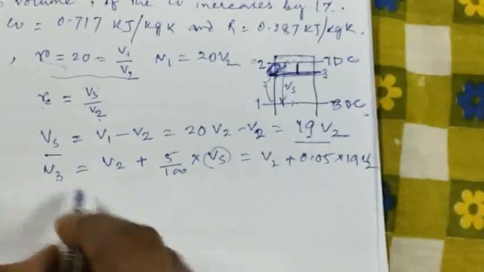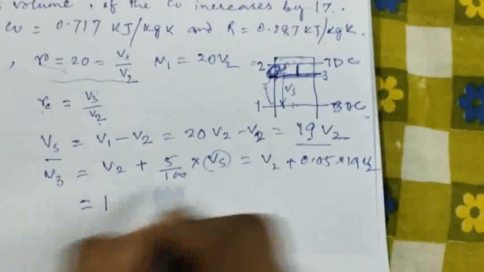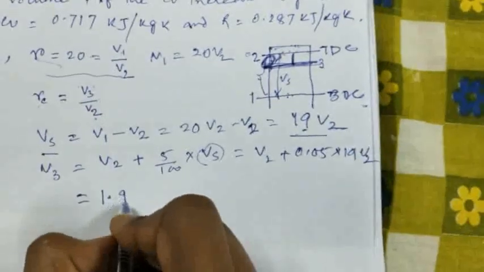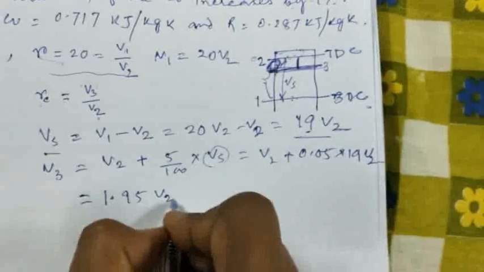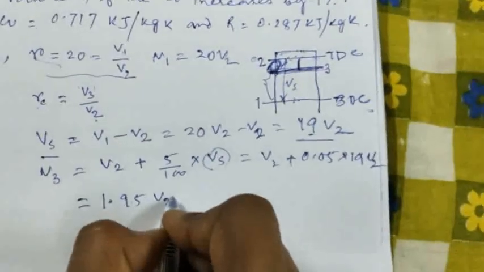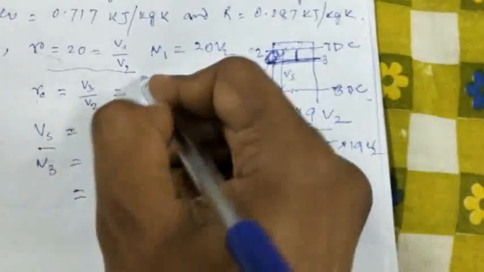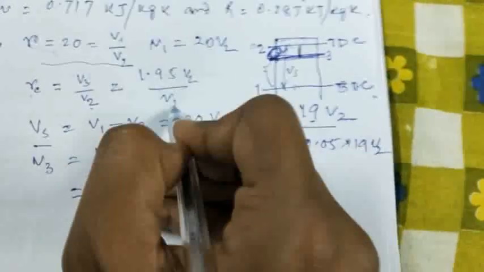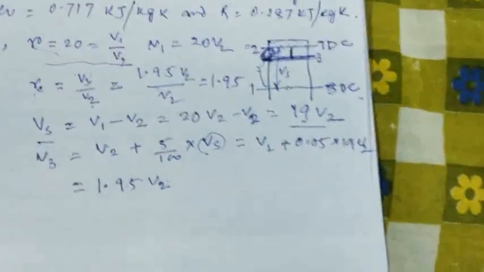So V3 will be equal to 1 plus 0.05 into 19, which by calculator is 1.95 V2. Now if we put this value over here, rc will be 1.95 V2 by V2, so it will be equal to 1.95.